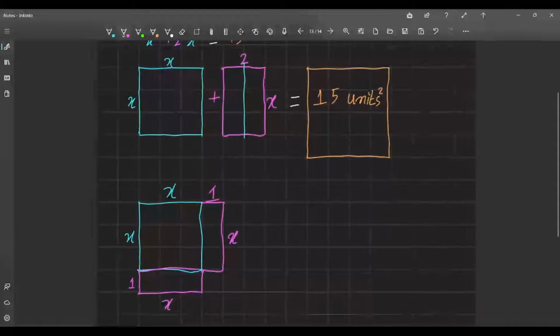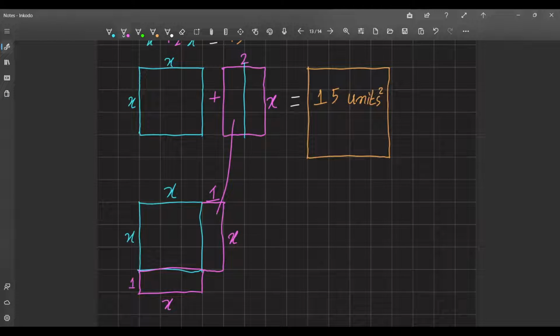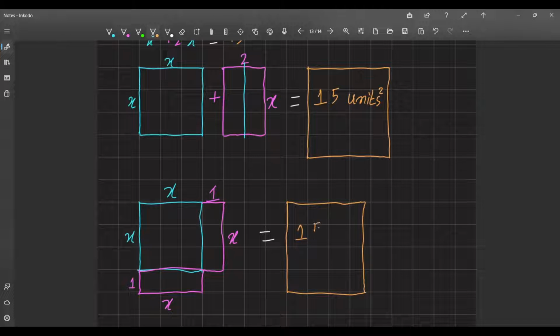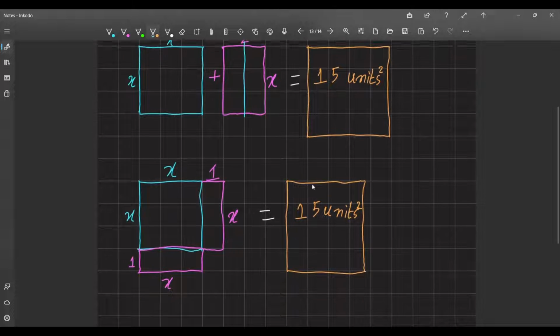I've just split up the rectangle and then added it onto different sides of the square, and all of this would be equal to the area 15 units squared.